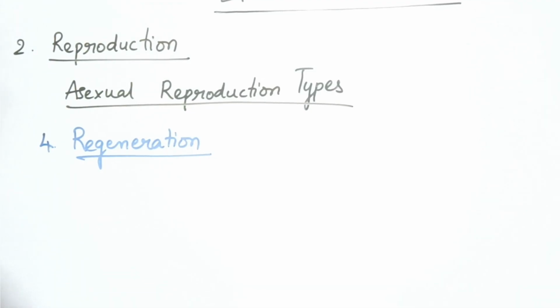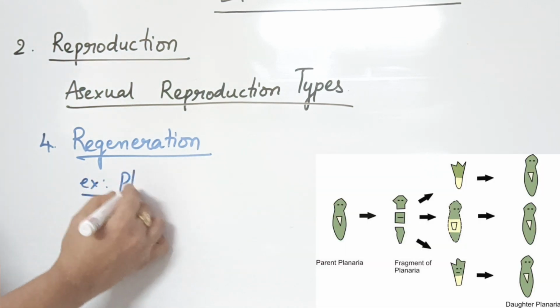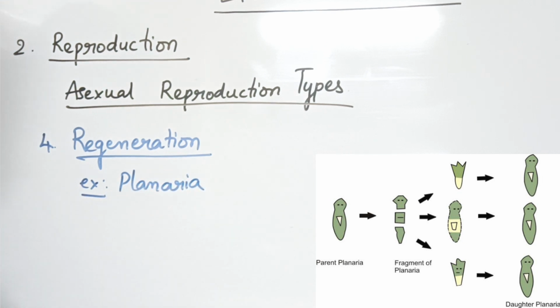Regeneration is nothing but a modified fragmentation. This can be seen in case of organisms like planaria. We can see in case of planaria where the organism will be cut or divided into fully fledged organisms.